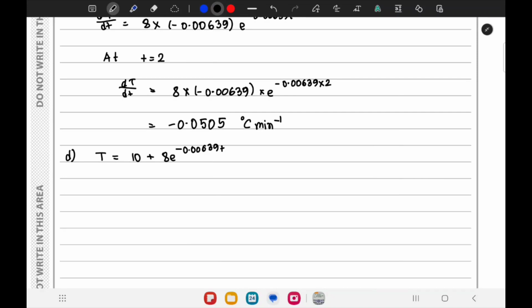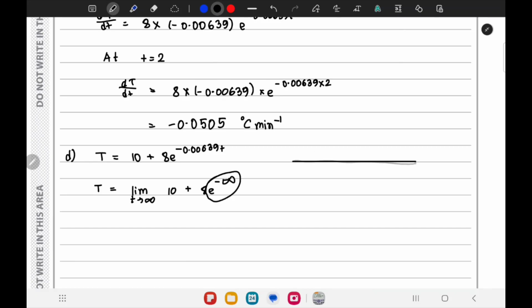If we want to find the long-term value of T, we'll have to use the limit as t goes to infinity of 10 plus 8e to the power minus 0.00639 t. Now if t was infinite, this will become 8e to the power minus infinity.